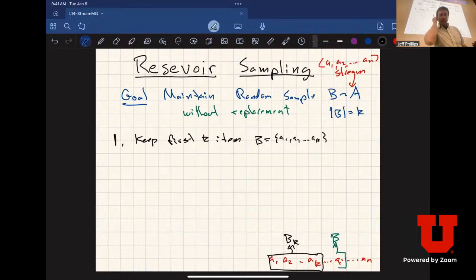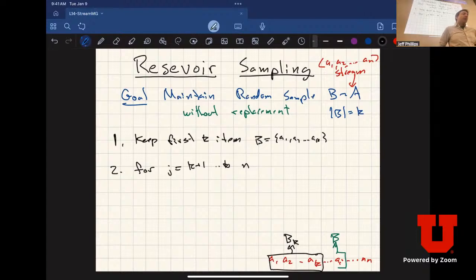Then I'm going to have a for loop and do something different for j equals k plus 1 up to n. Starting after the first k things, now I need to do something more interesting, because I need to make sure it's random.